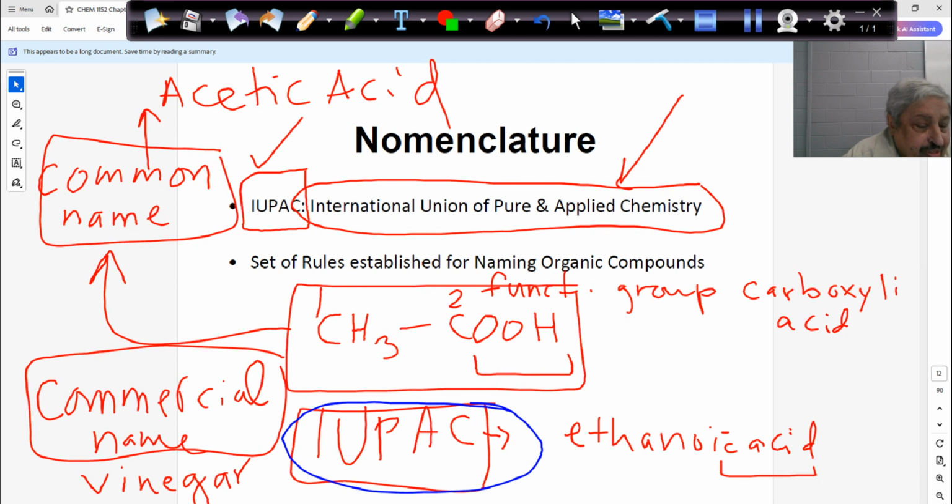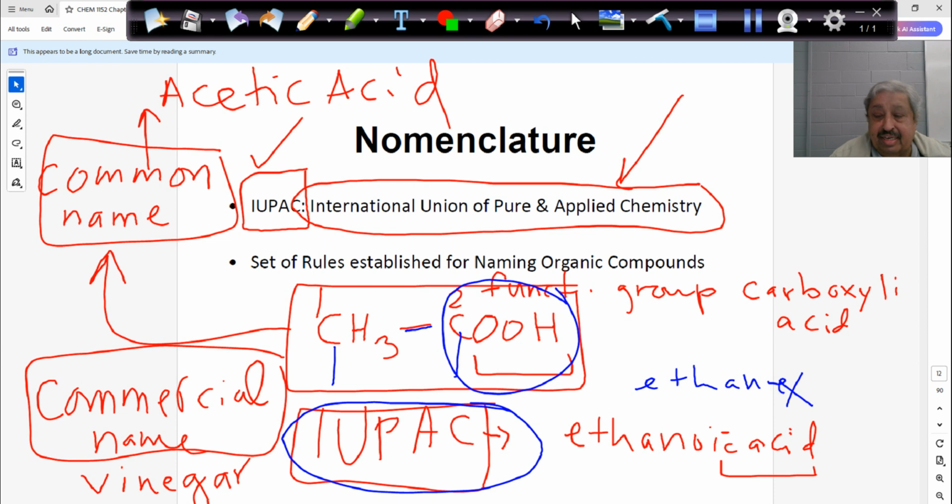Vinegar is understood, common name acetic acid, but the IUPAC name is, because we have a functional group of carboxylic acid, the number of carbons is ethane, alkanes, one single bond here, ethane, and then take the E out of the ethane, so you go from ethane as the skeleton, take the E out, and then you add oic acid.